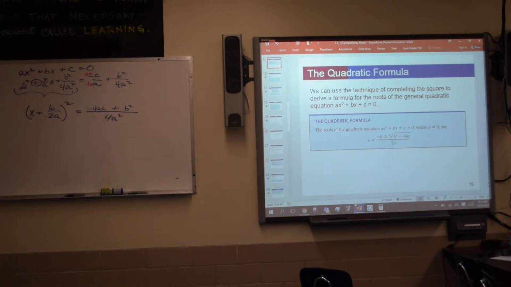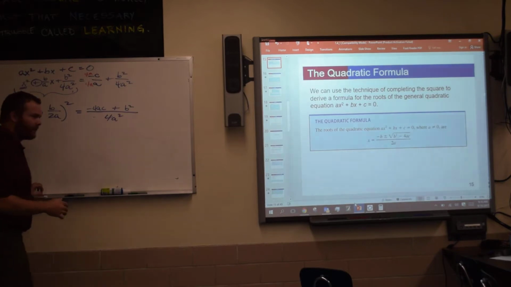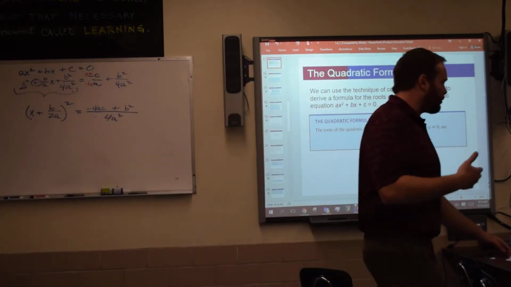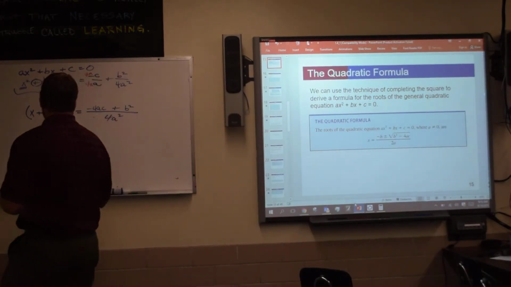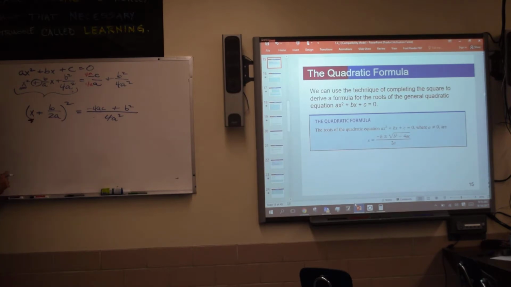Okay. Now the goal, whenever we factor something, whenever we solve a quadratic equation, we're trying to solve for what variable? X. Okay? So if I'm trying to solve for x here, how do I isolate x? How do I get that by itself?